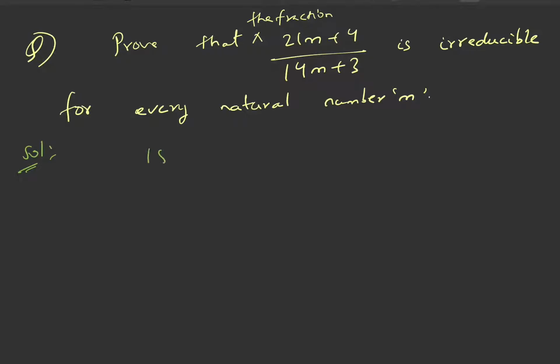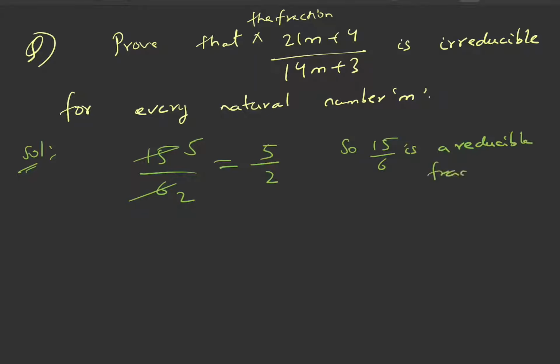For example, if I take 15 by 6, then this is reducible, right? You can write 3 2s are 6, 3 5s are 15, and you can write this as 5 by 2. So 15 by 6 is a reducible fraction. And why is it reducible? Because there is a common number between 6 and 15, right?